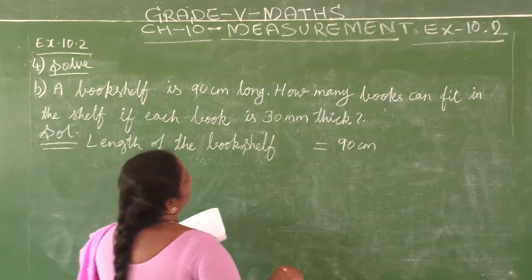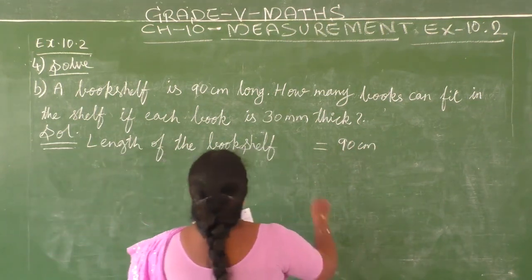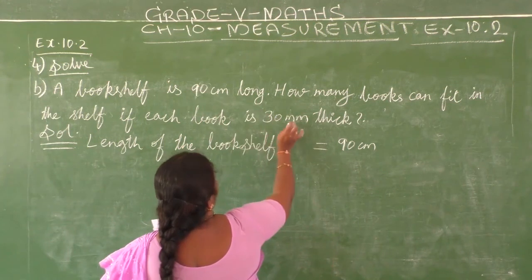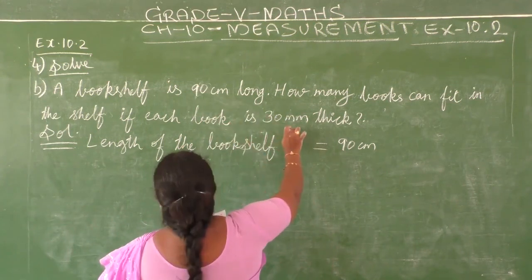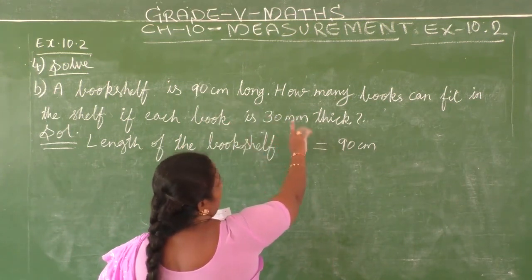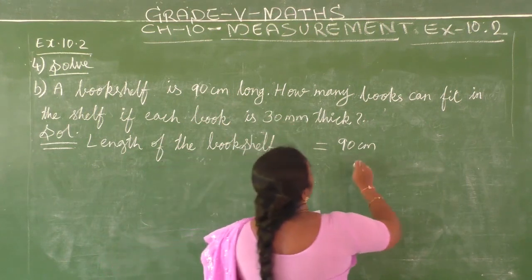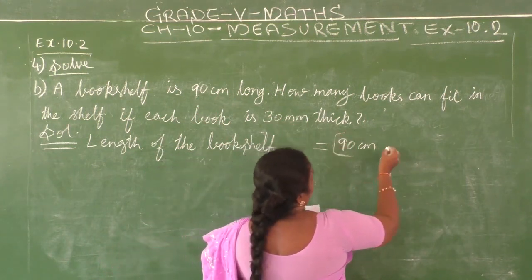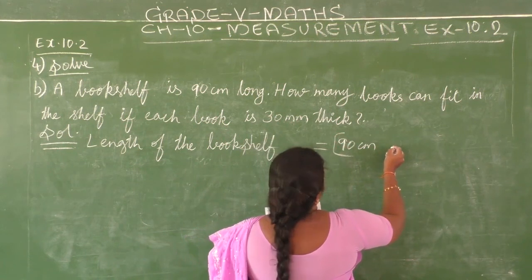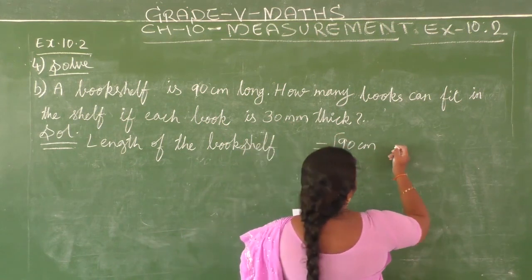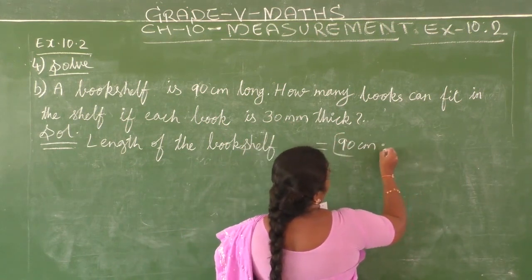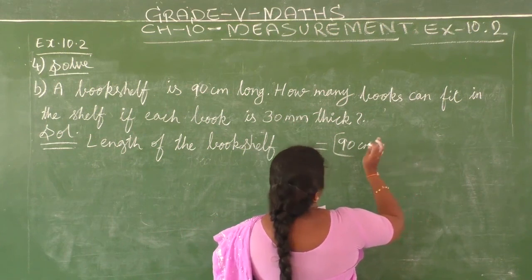Listen ma, here they gave the length of the bookshelf in centimeter, but they gave the book thickness unit as 30 millimeter. So we can convert this 90 centimeter also into millimeter. Okay. So how many millimeter for 1 centimeter? 10 millimeter for 1 centimeter.